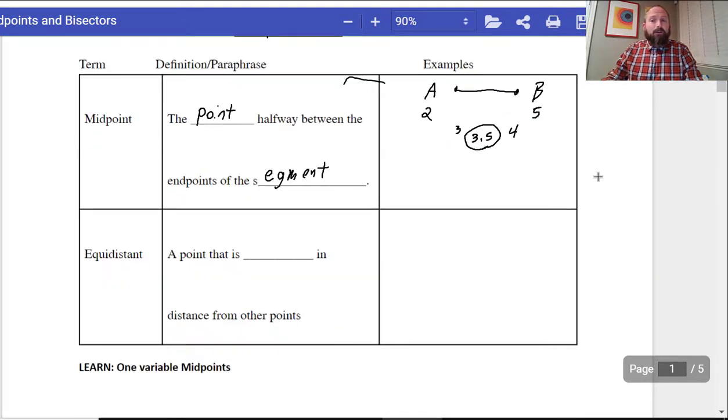Another term we're going to learn about is equidistant. This is a point that is equal in distance from other points.